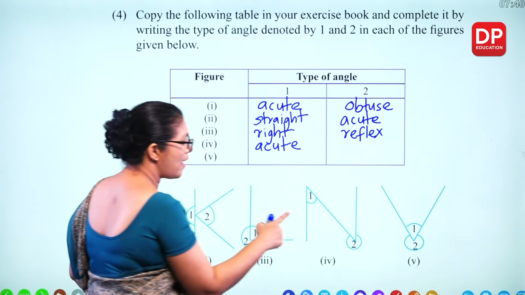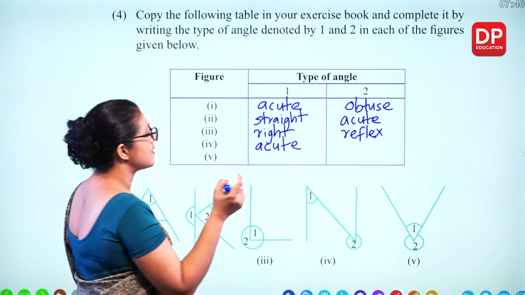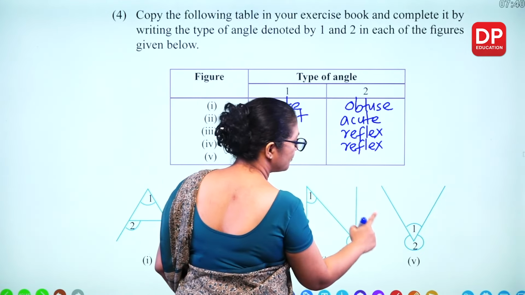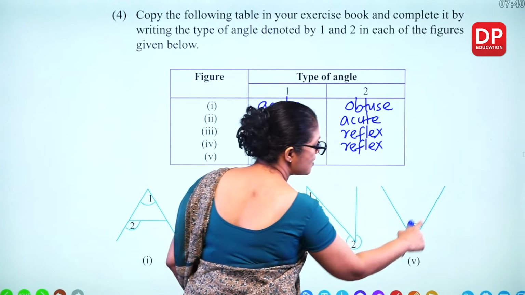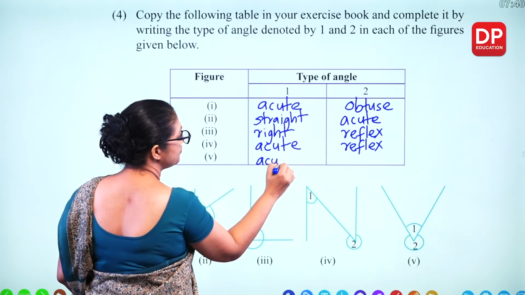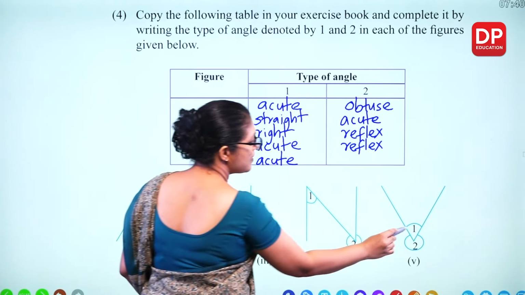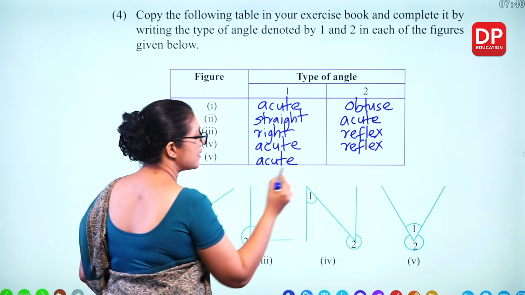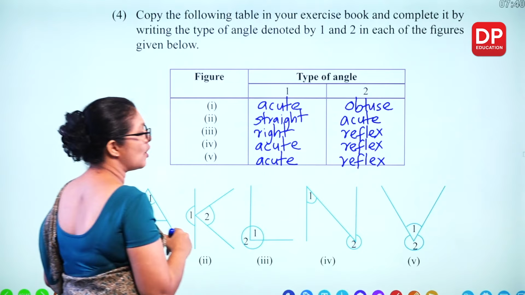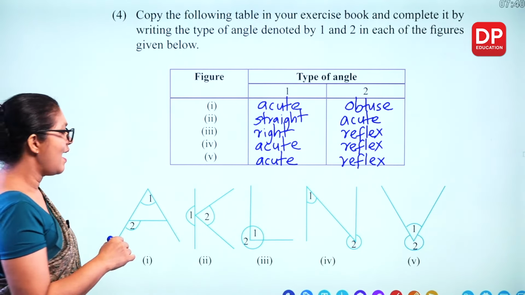And this is more than two right angles, that's reflex. The last one is smaller than a right angle, that's acute. And this is more than two right angles, that's reflex. Now you know how to identify angles.